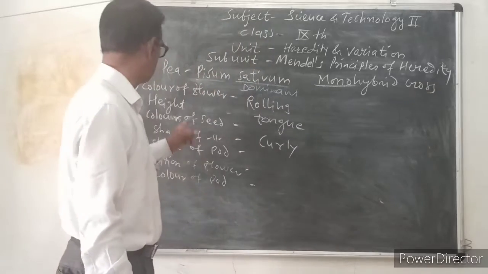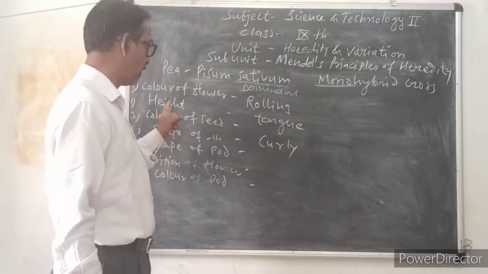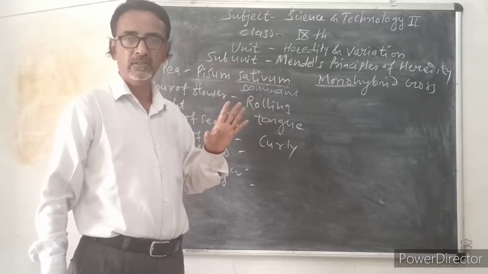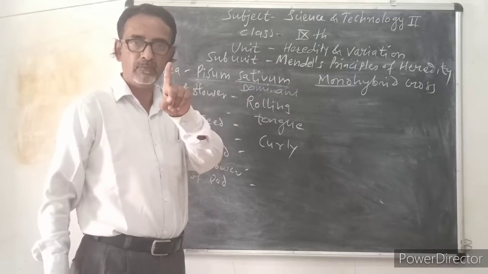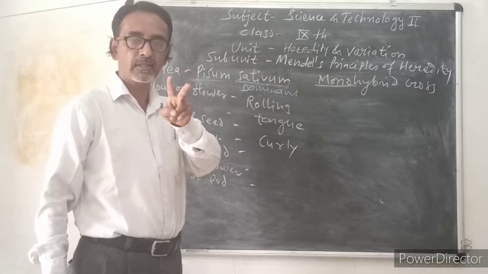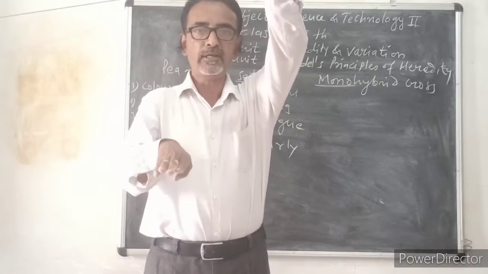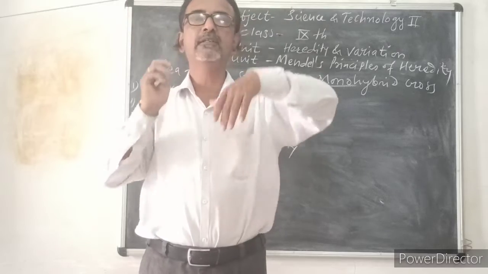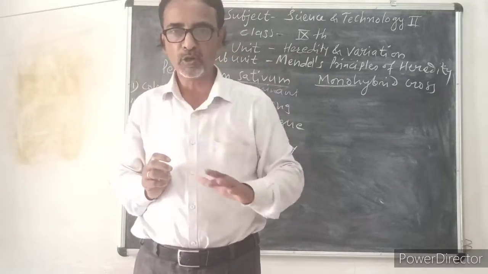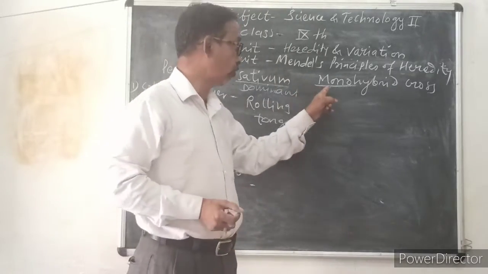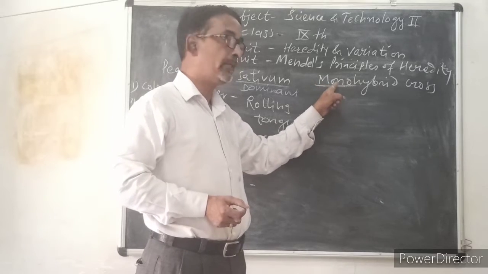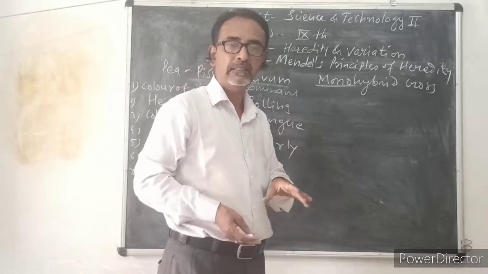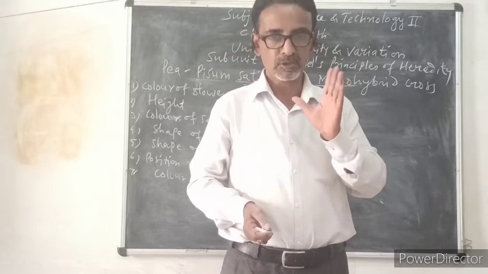For example, if we consider height of plant, tall and dwarf, only one pair is contrasting. Contrasting means short and tall. Immediately we can identify that the plant is tall or the plant is short. So where only one pair of contrasting characters is involved, that is called the monohybrid cross.